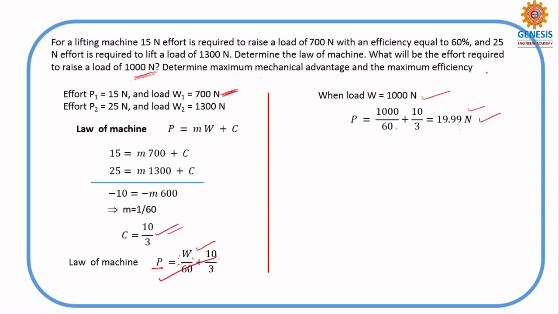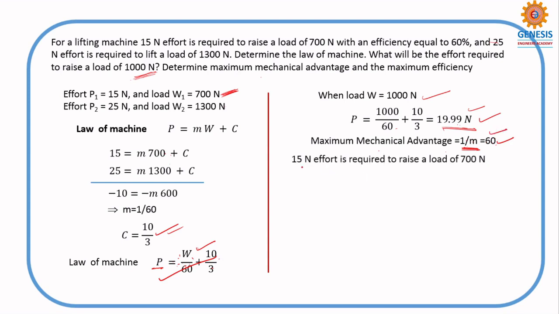So it is between 15 and 25, almost 20. The maximum mechanical advantage is equal to 1 by m, which I already discussed in the previous slides. So 1 by m is equal to 60.